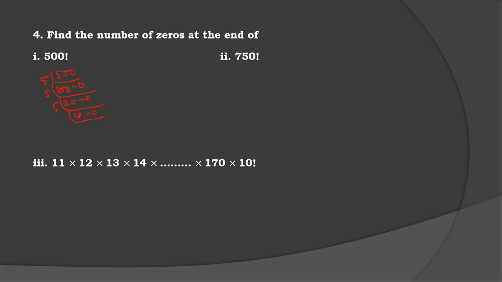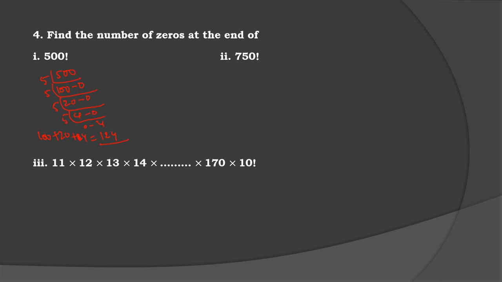Next, divisibility with 5, 0 times, remainder equals 4. We don't have any use with these remainders, so add all the quotient values: 100 plus 20 plus 4 equals 124. Number of zeros at the end of 500 factorial is 124.